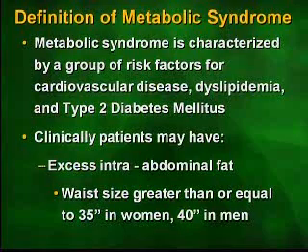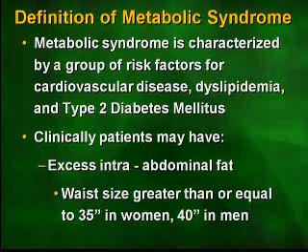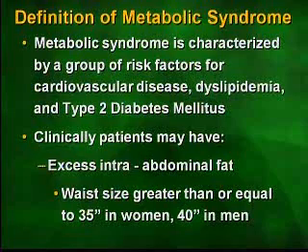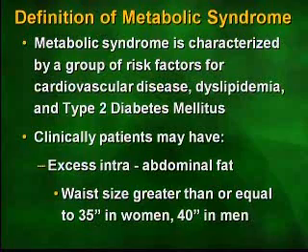They may also have hypertension. They may have insulin resistance or impaired glucose tolerance. They may have a systemic pro-inflammatory metabolic state, which makes them more at risk for clotting problems.